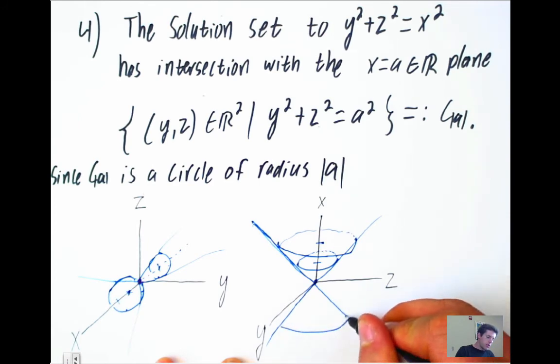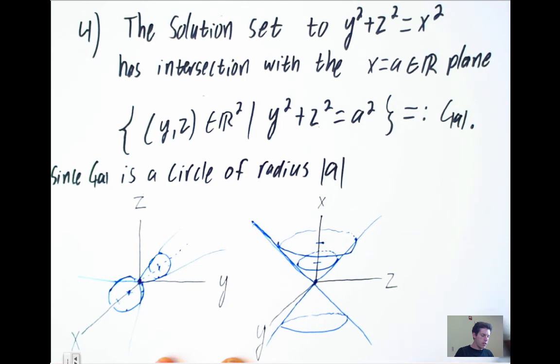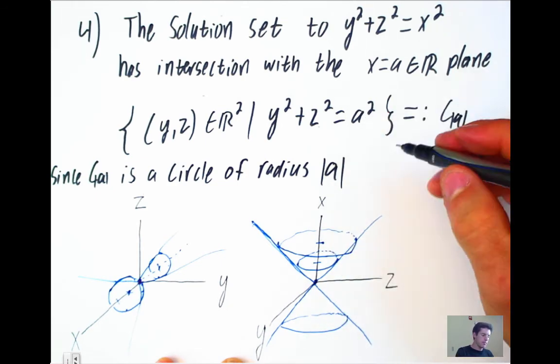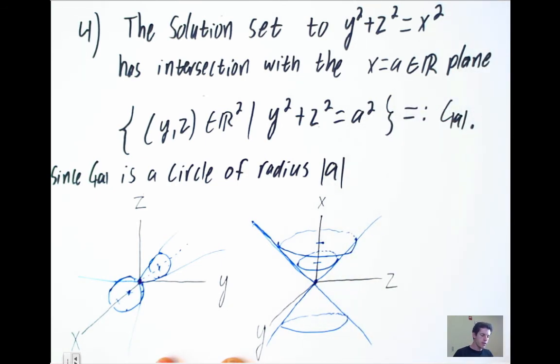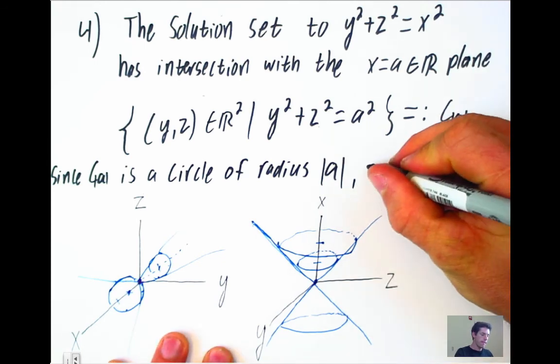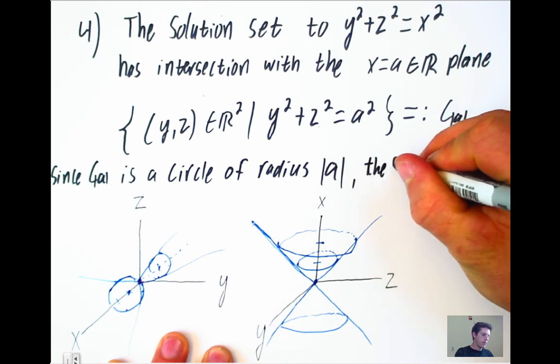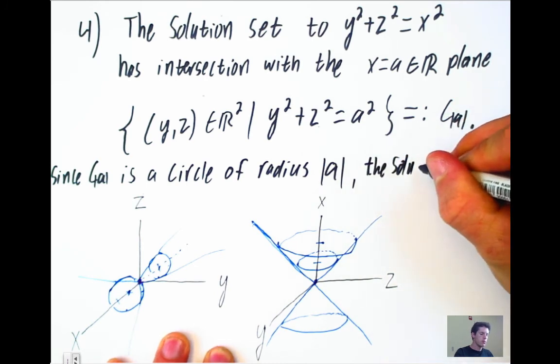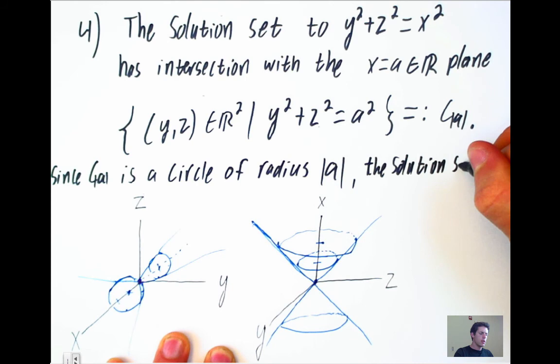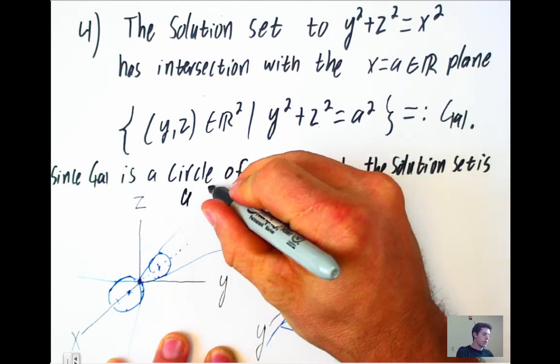And then draw another circle down here, somewhere down there, for a negative x coordinate. That would give us still a positive radius. So this thing is most certainly a cone. And the solution set is a cone. Not just a cone, it is a circular cone.